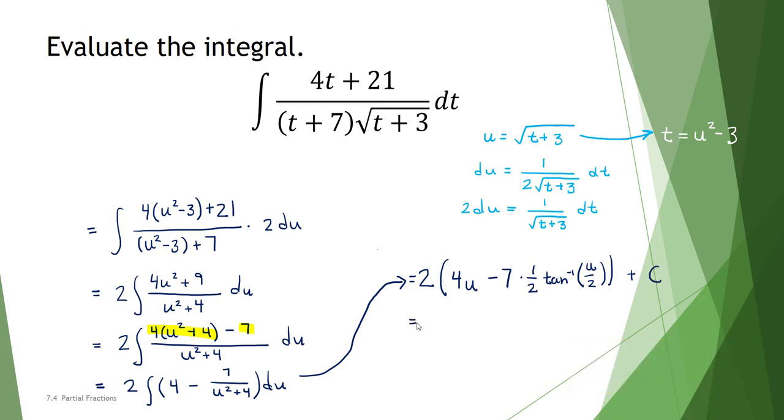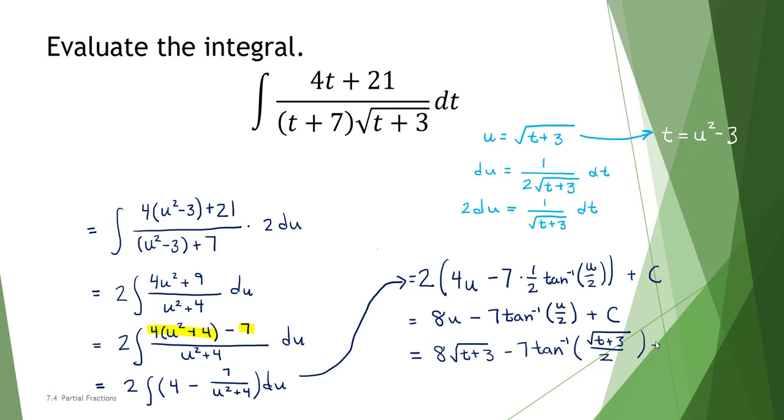Now cleaning up a little bit, we have 8u minus 7 tangent inverse of u divided by 2 plus c, and substituting the t's back in for u, we have 8 times the square root of t plus 3 minus 7 times tangent inverse of the square root of t plus 3 divided by 2 plus c.